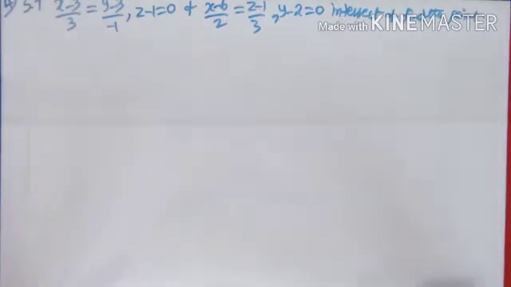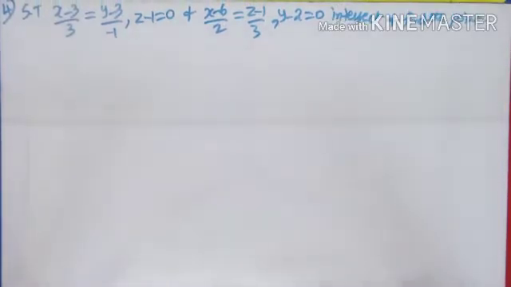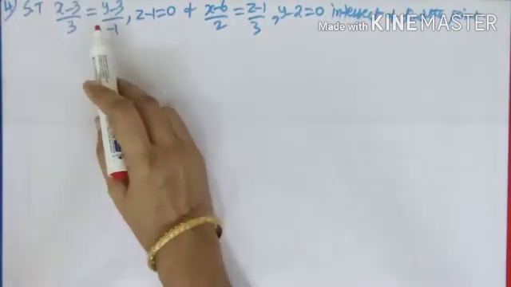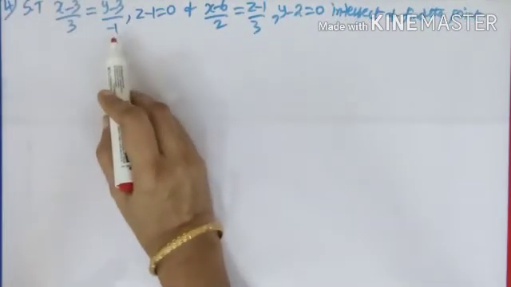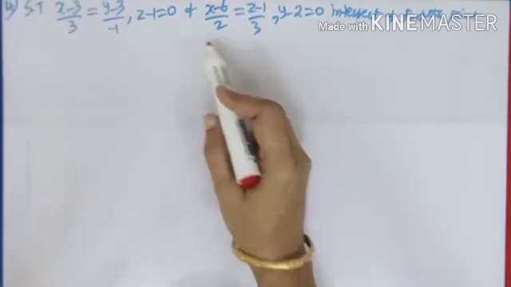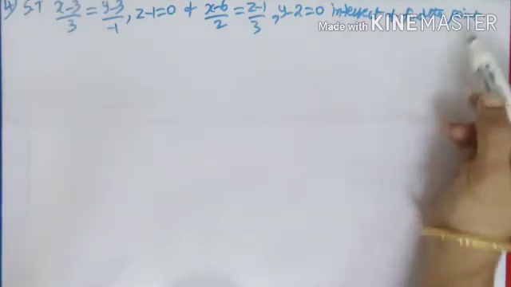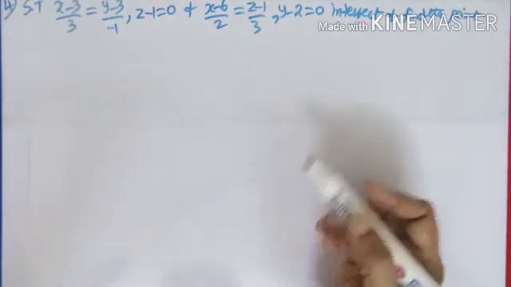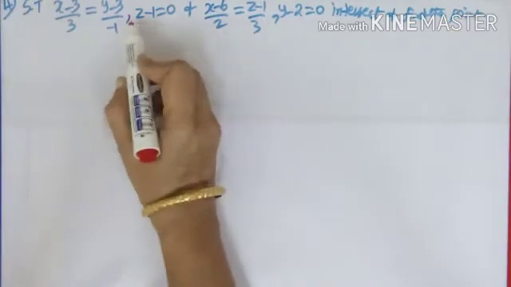Question number 4. Show that (x minus 3)/3 = (y minus 3)/(minus 1) and z minus 1 = 0, similarly the other line given, are intersecting, and we need to find the point of intersection. First of all, let us restructure this.